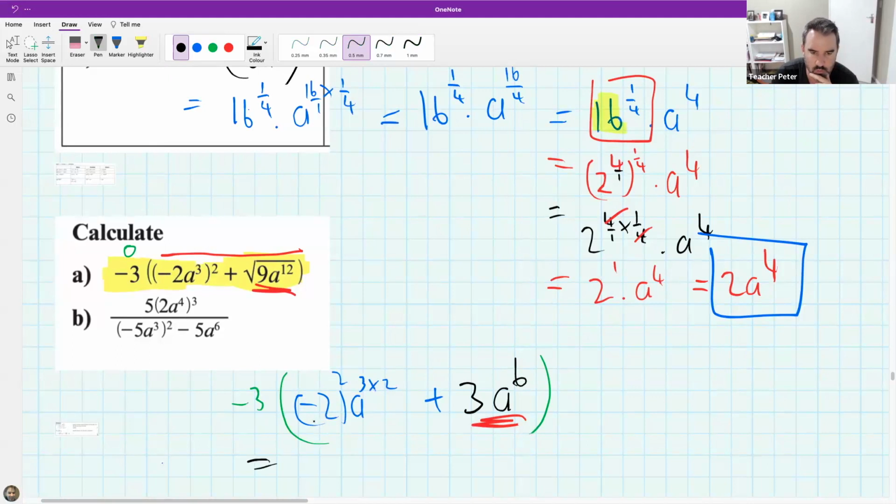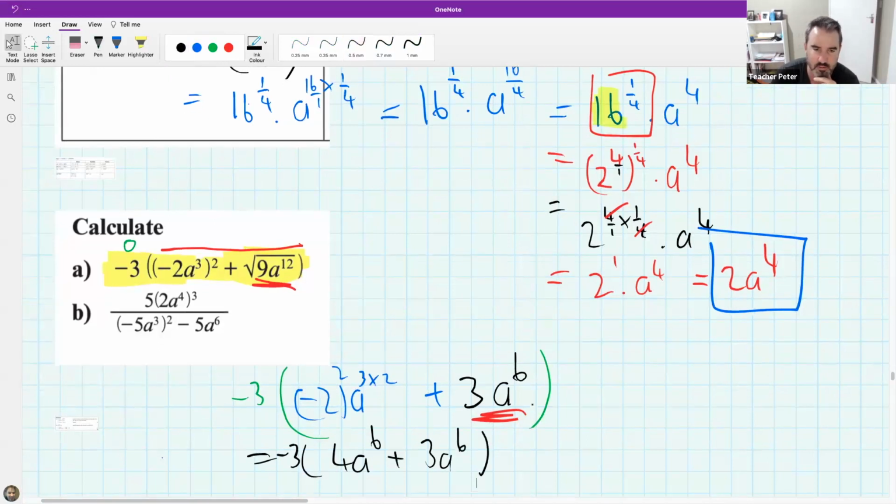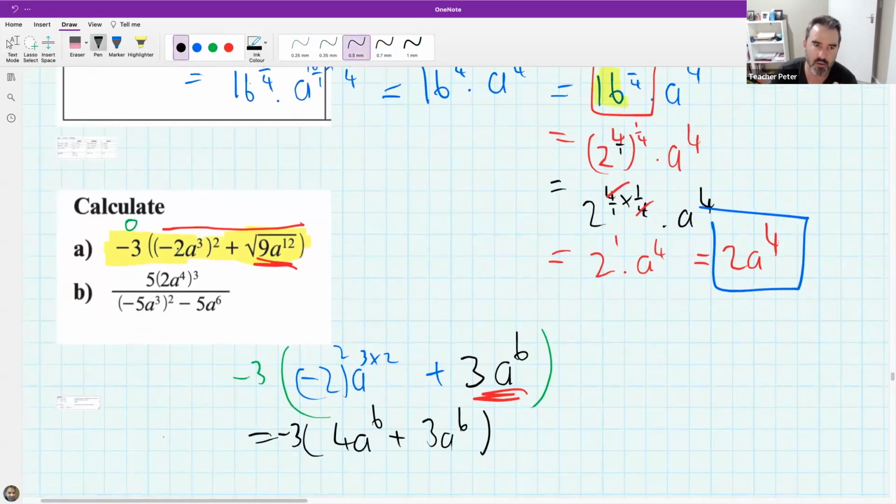So now, -2 squared is going to be 4a to the 6. That is going to be 3a to the 6. And then there's this -3 that's hanging outside. Another way of thinking of it is -2 squared is 4, a to the 3 squared is a to the 6.